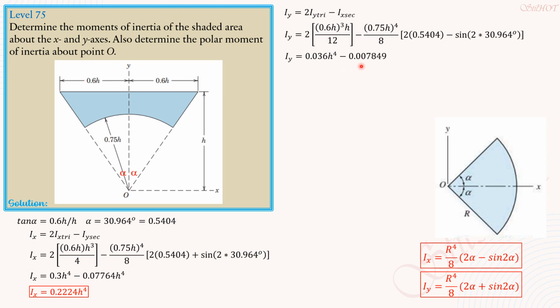The second term is 0.007849h to the fourth. So combining, Iy is equal to 0.02815h to the fourth. Then for the polar moment of inertia about point O, it is simply Ix plus Iy. So 0.2224h to the fourth plus 0.02815h to the fourth. So Io is equal to 0.2506h to the fourth.